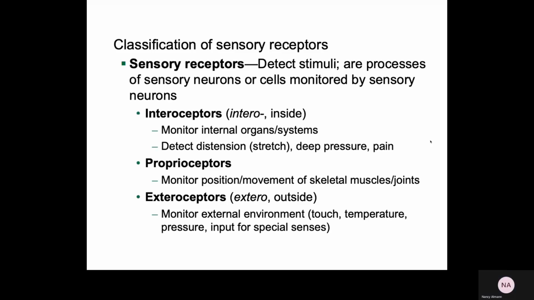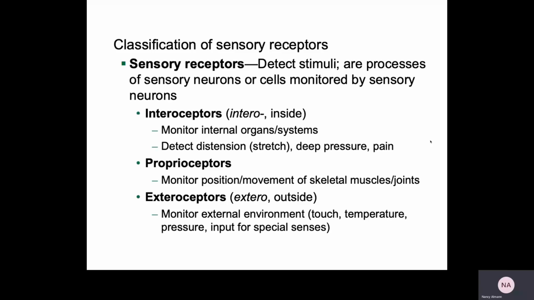Proprioceptors are going to help monitor where you are in space. When you talk about proprioception, you're talking about information from skeletal muscles. So what does that mean, where you are in space? It means at any given nanosecond, if you're sitting, you know where your arms and legs are, you know where they are relative to the floor, the chair you're sitting in, or the desk you're standing by.